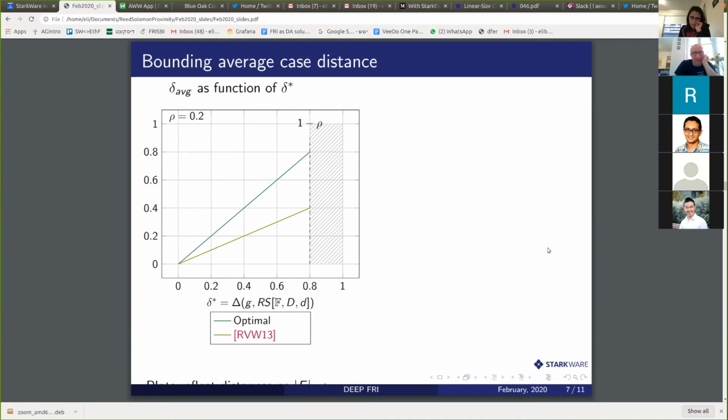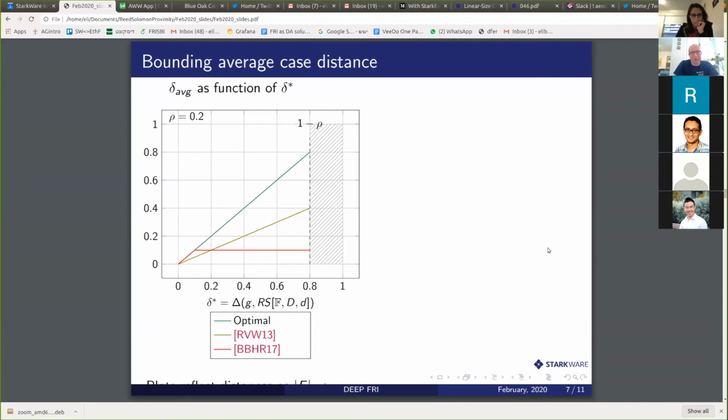So the first work that looked at this kind of question in a different setting was by Reingold, Rothblum, Vadhan, and Wigderson in 2013. And they basically proved that with very high probability, your average distance is at least half. But you lose a factor 2 in this proximity parameter.